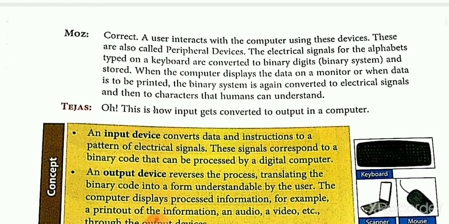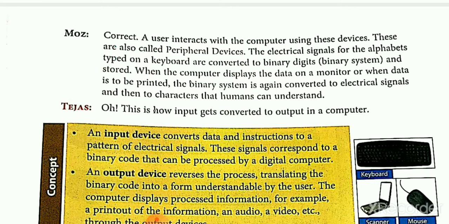A user interacts with the computer using these devices. These are called peripheral devices. The electrical signals for the alphabet typed on the keyboard are converted to binary digits and stored. Do you know the binary digits 0 and 1?